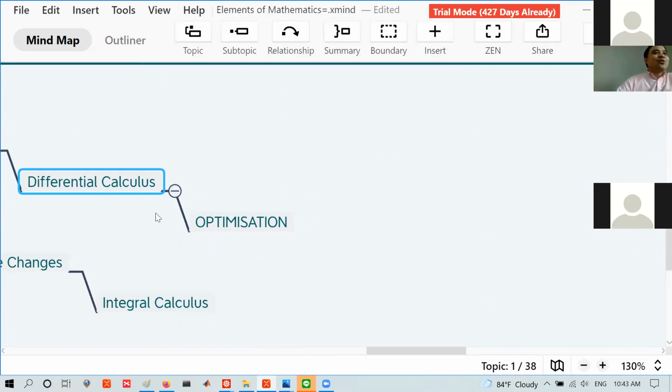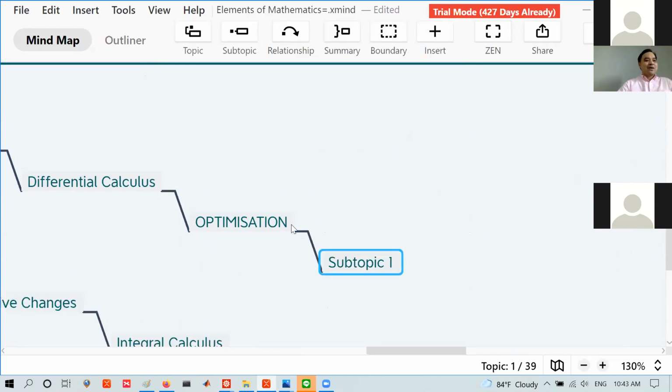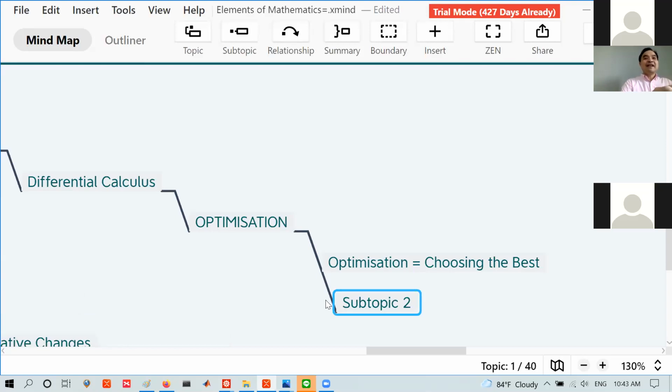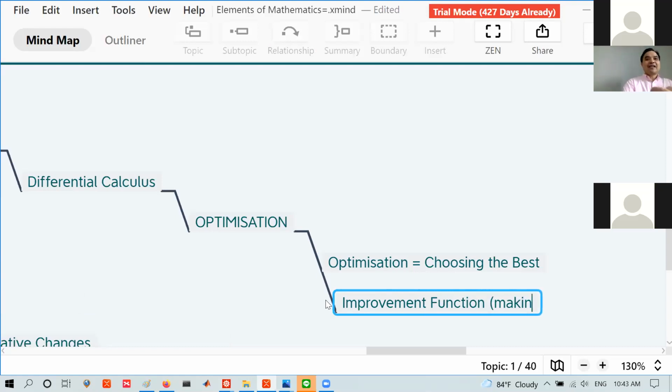Why? Because optimization is choosing the best. Okay, choosing the best means the improvement function, i.e., making things better.